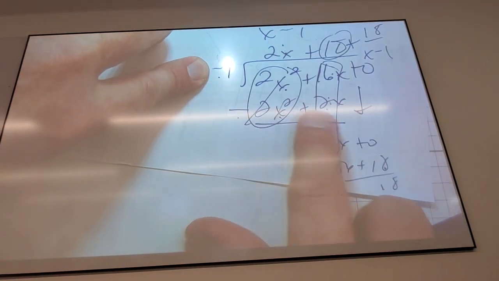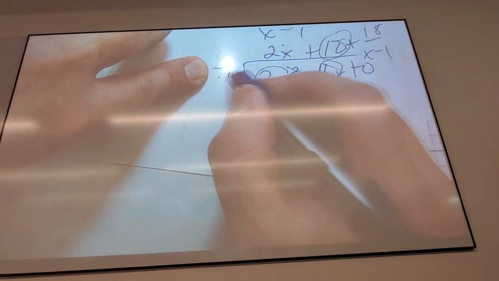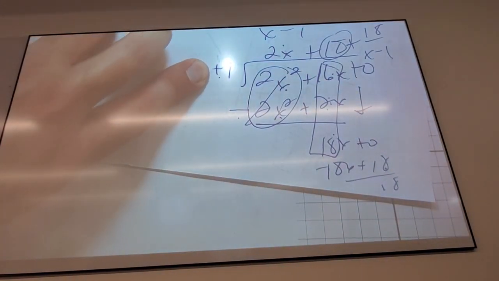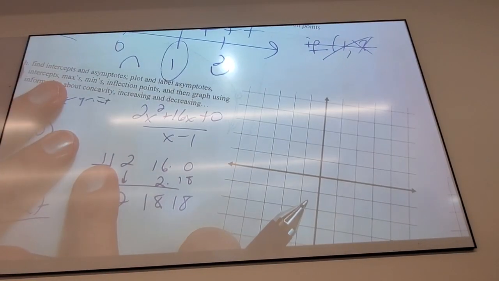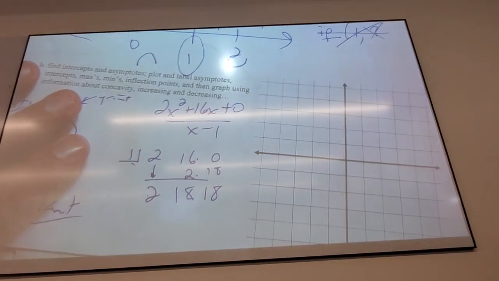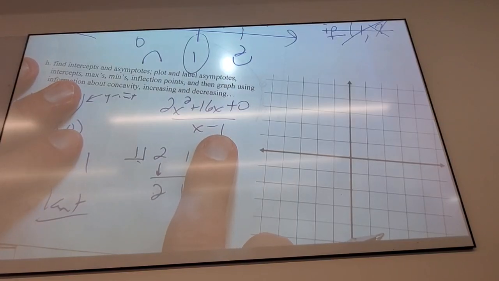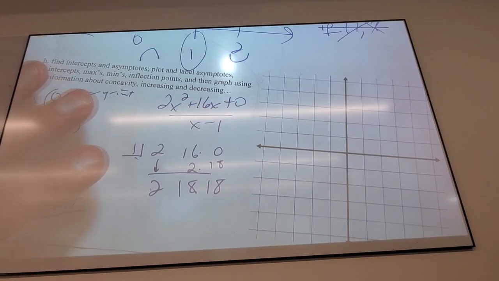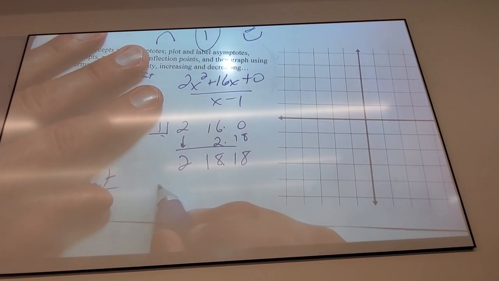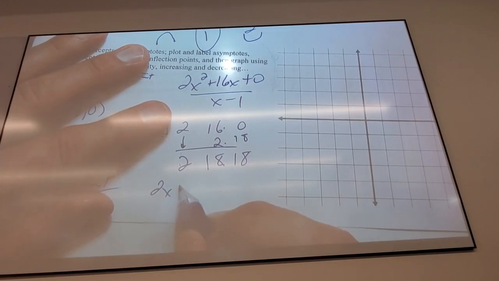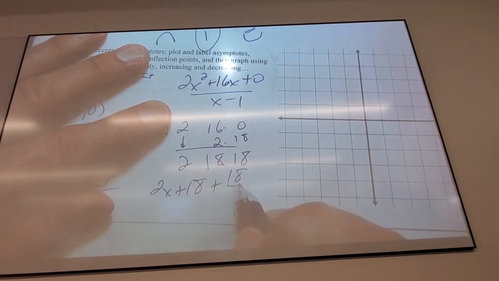Instead of changing the sign each time, I'm just gonna change it once. So that's why I put a positive 1 here for x minus 1. So how do you figure out what goes here? Well, what makes it 0? Okay. And so this is 2x plus 18 over x minus 1.